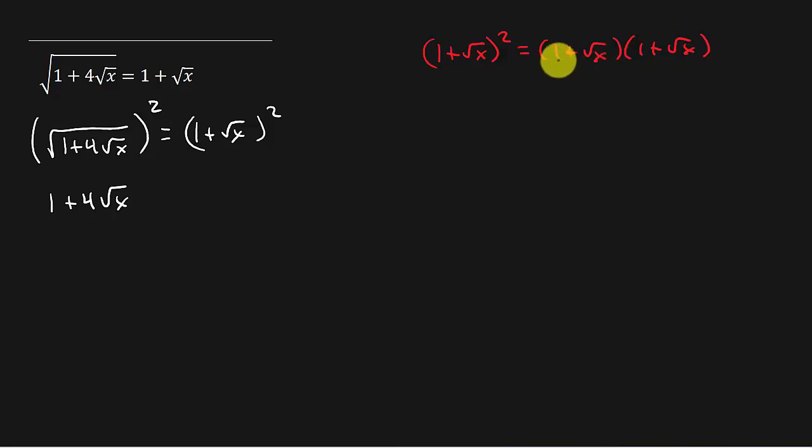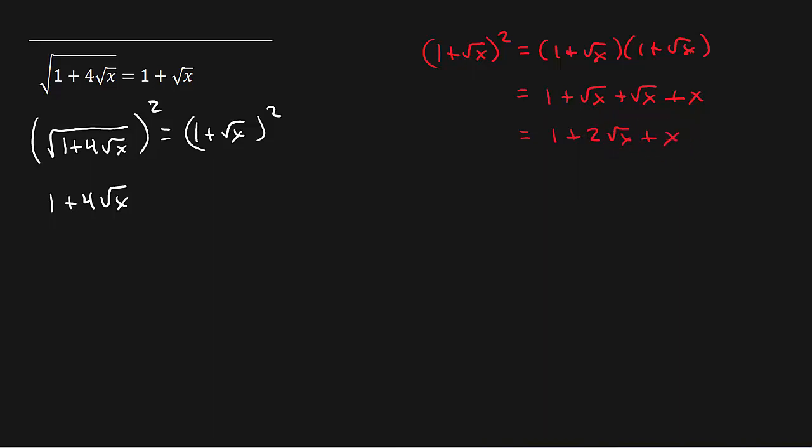And so if we FOIL this, 1 times 1 is 1. 1 times square root of x is square root of x. Square root of x times 1 is square root of x. And square root of x times square root of x is x. And then this is going to be 1 plus 2 square root of x plus x.